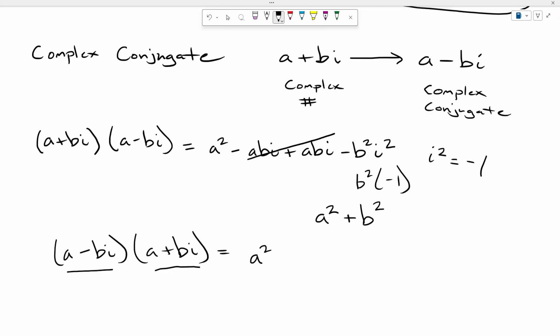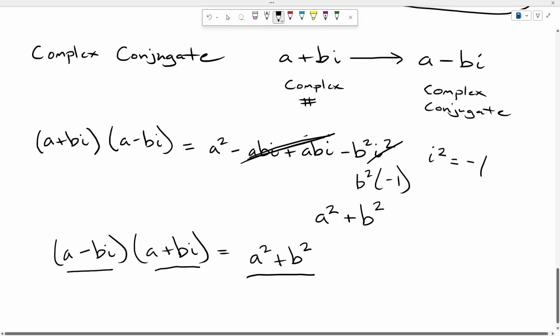We have removed the imaginary part, because this canceled out here, and then we applied the rule to get rid of the i squared. All we're left with is a real number, because a and b in a complex number are the real numbers. So that's why we do the complex conjugate.